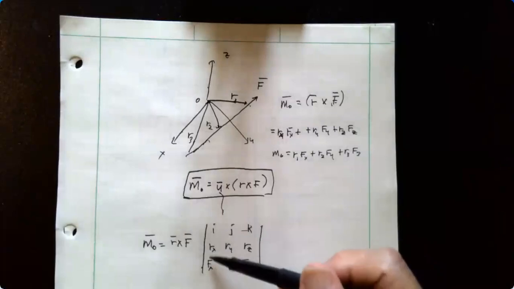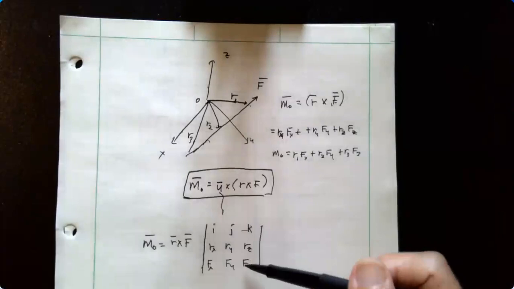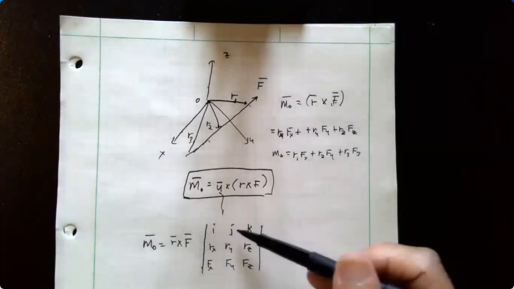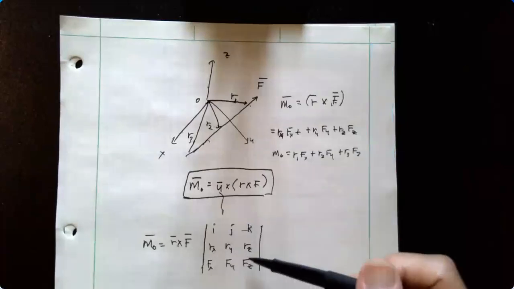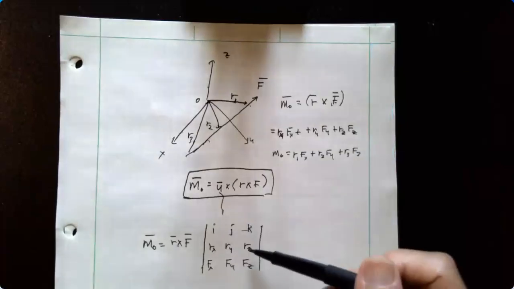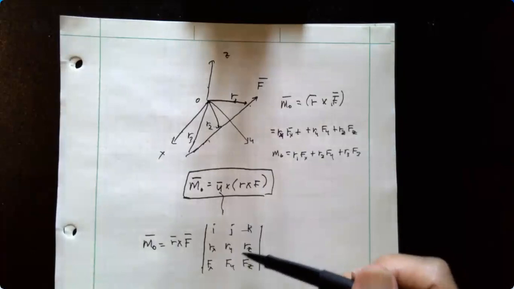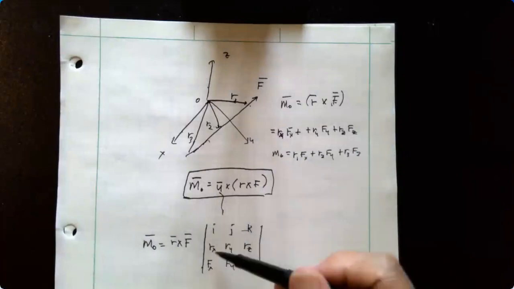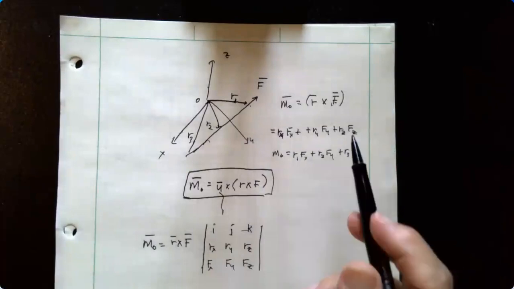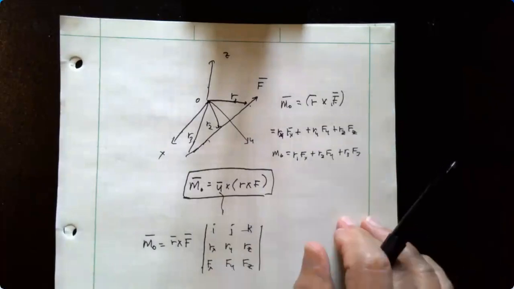This term, this term, this term, this term. This will have a negative sign to begin with, so this will be minus rx fz. Okay, and then the whole term is going to be negative, and then for k you cross the k column, and then we have this 2 by 2 here to solve. We'll go through some examples and do this.